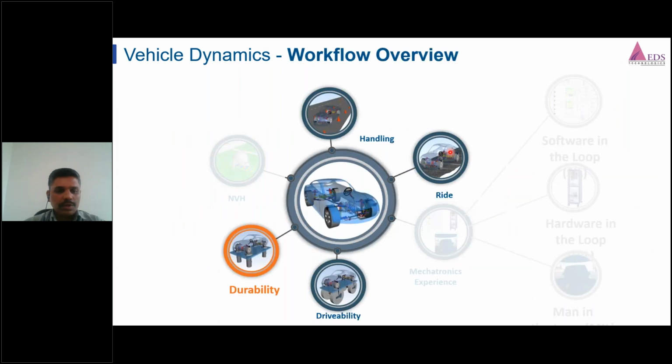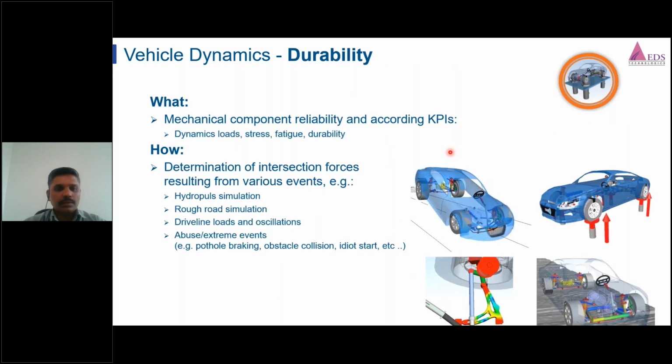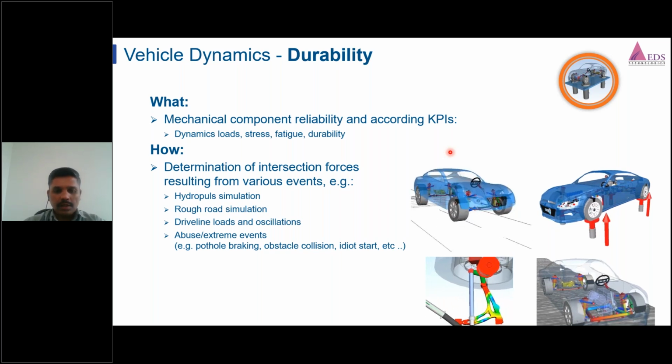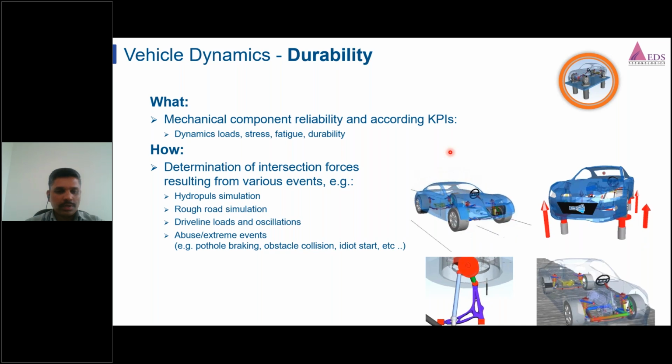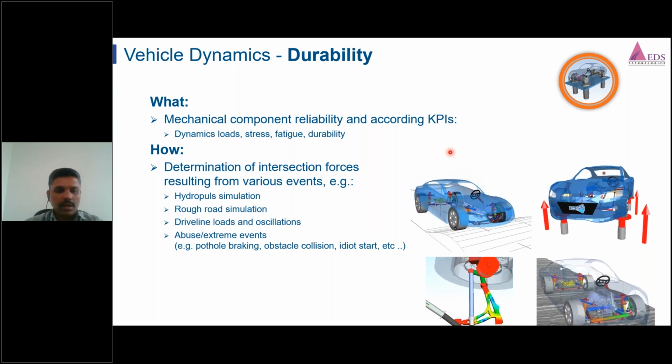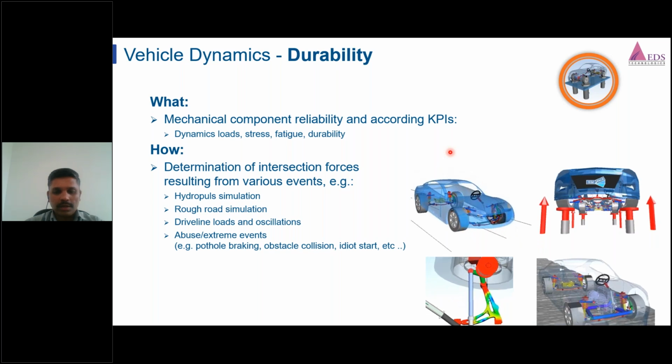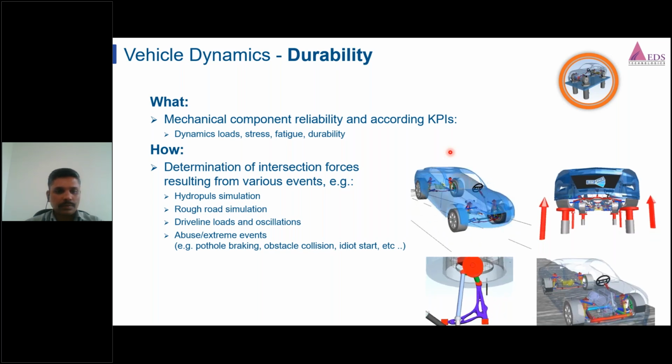The next workflow is durability. Durability is related to the mechanical component reliability and according KPIs. For instance, these are the dynamic loads and stresses, and fatigue and durability results derived from the dynamic loads.